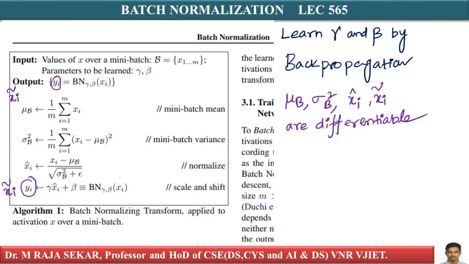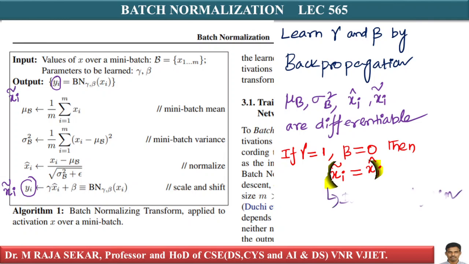It could happen that your gamma may be 1 and beta may be 0. I'm not saying this always happens. If gamma equal to 1 and beta equal to 0, then your xi tilde equals xi cap, which means you are simply doing data normalization.